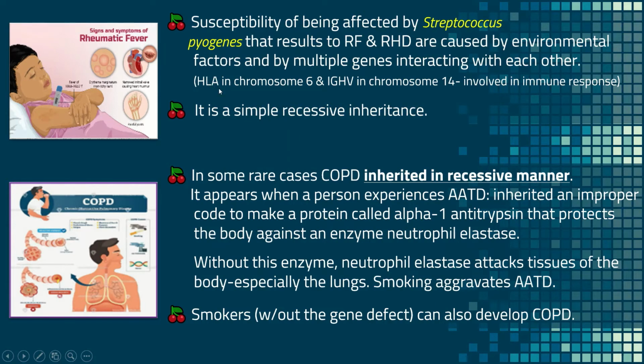So the two genes that are mentioned here are the HLA gene, or human leukocyte antigen gene, in chromosome number 6, and IgHV, immunoglobulin heavy chain gene, in chromosome number 14.